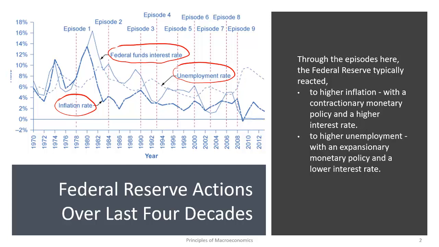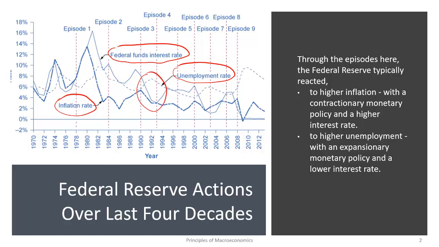They increased it through contractionary monetary policy. So throughout the 70s, the Fed followed a policy of contractionary monetary policy to raise the interest rate so that inflation is under control.